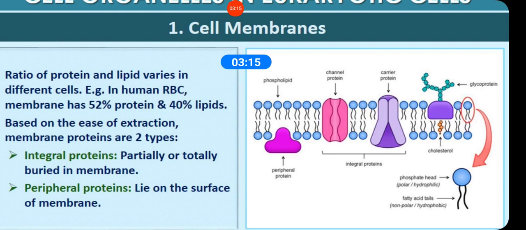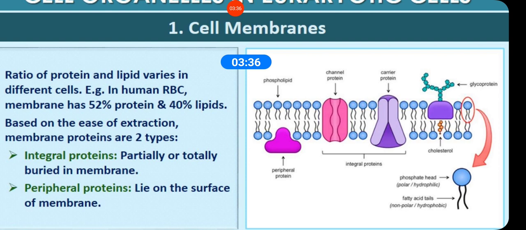The proportion of lipid molecules and protein molecules varies in different cells. In the human RBC membrane, 52% is protein and 40% is lipid. As I have already told you, there are integral proteins and peripheral proteins.